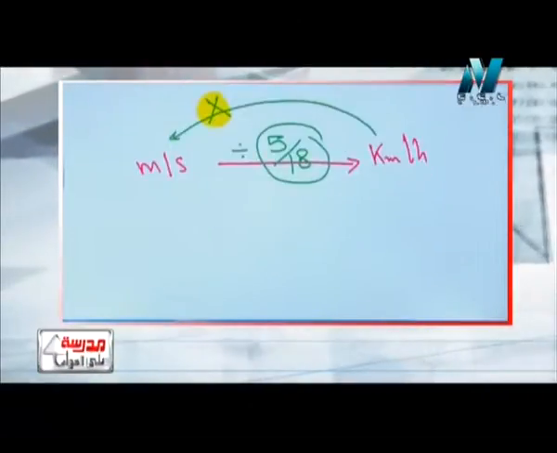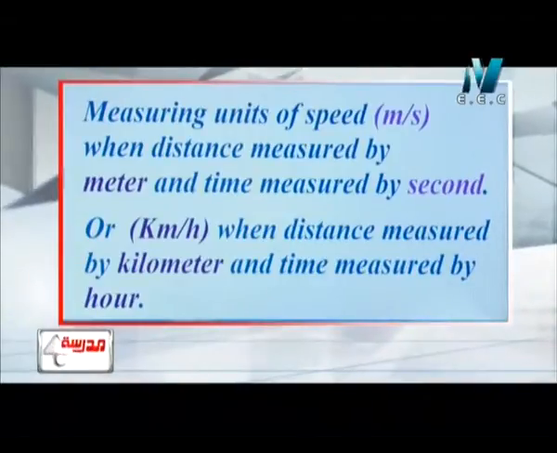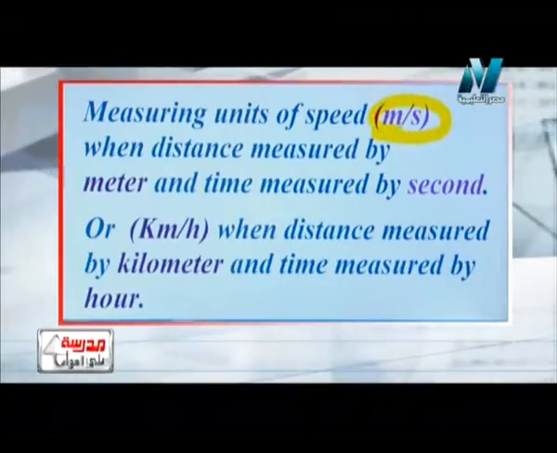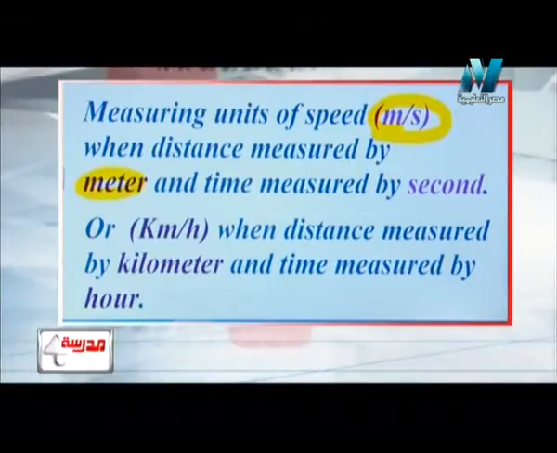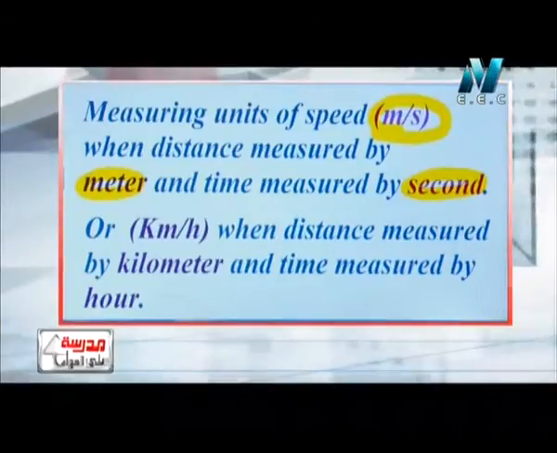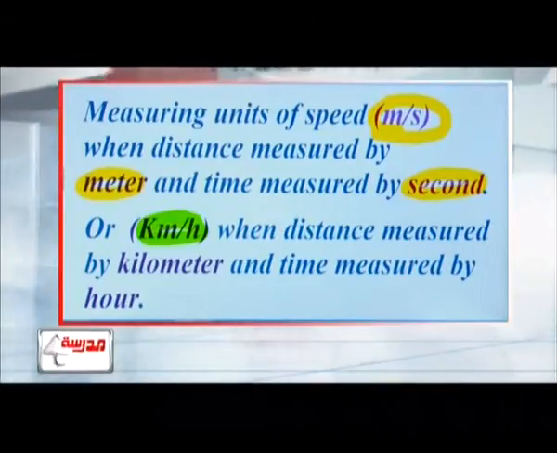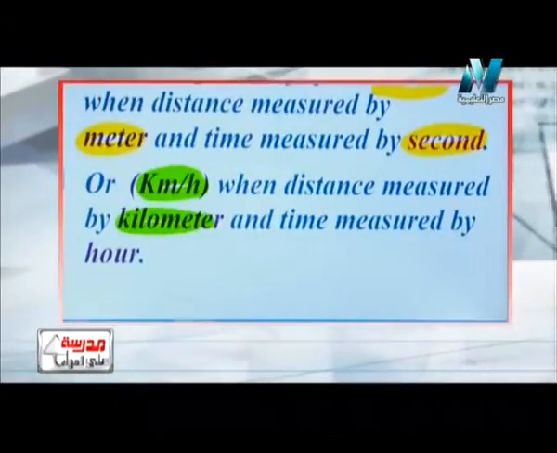The measuring unit of speed is meter per second when distance is measured by meter and time by second, or kilometer per hour when distance is measured by kilometer and time by hour.